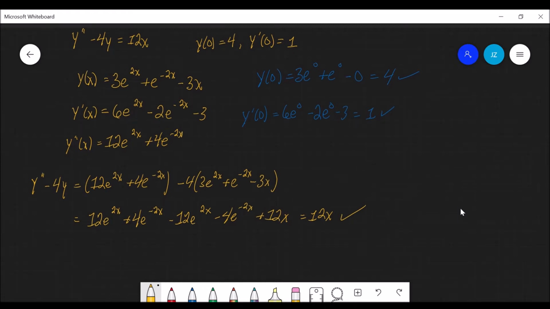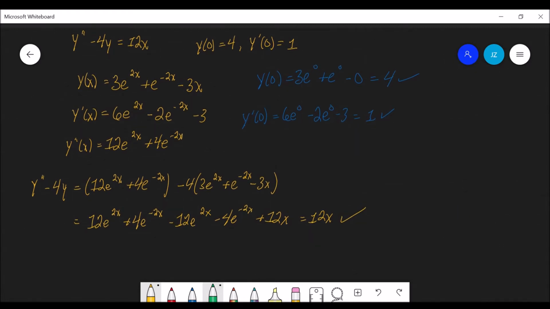So for this problem, our a2 of x is 1, our a1 of x is 0, our a0 of x is negative 4, and our g of x is 12x.